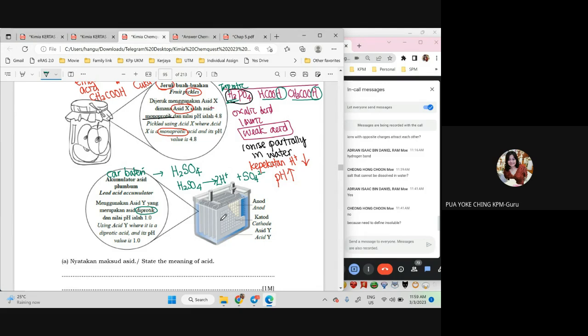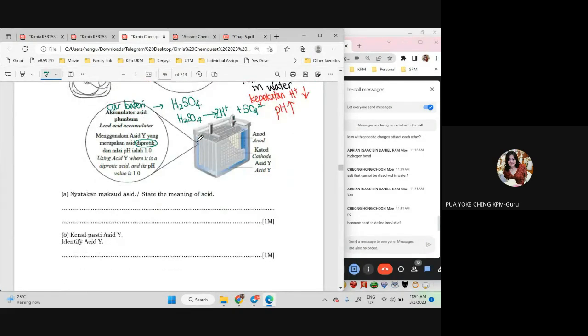So, okay? Boleh? So, this is kita ulang kaji balik. Strong acid, weak acid, monoprotic acid, diprotic acid, triprotic acid. So, what is acid? Acid is a chemical substance, bahan kimia that ionize in water to produce hydrogen ion.